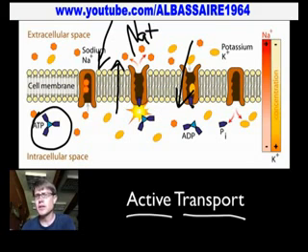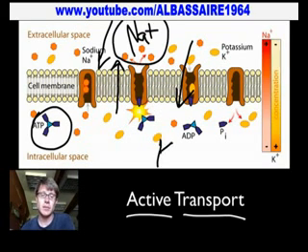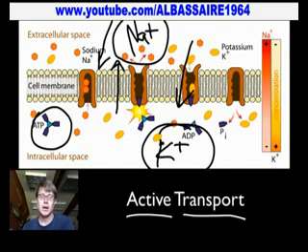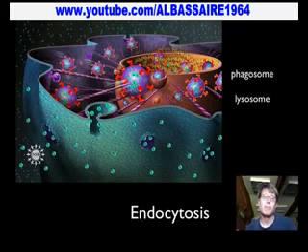But all the nerves inside our body use a sodium-potassium pump, and lots of cells inside our body use the sodium-potassium pump to keep that correct balance of sodium on the outside and potassium on the inside. That's called active transport, and it requires 1 ATP to move every 3 sodium ions out and every 2 potassium ions to the inside. Big scale movement across a membrane is called endocytosis and exocytosis.